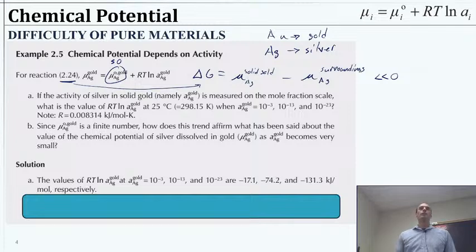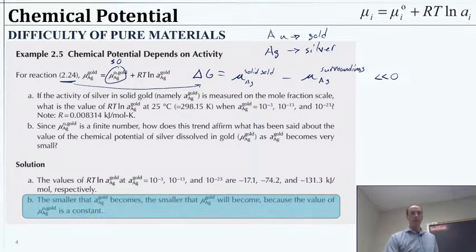So the smaller we go with that activity, eventually we reach a spot where the net is negative. We could even put this to 500, and we can see the trend will eventually lead us, if we get a small enough activity number, to the point where the chemical potential is negative. So that's kind of what we're thinking here.